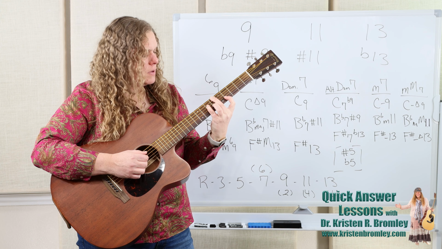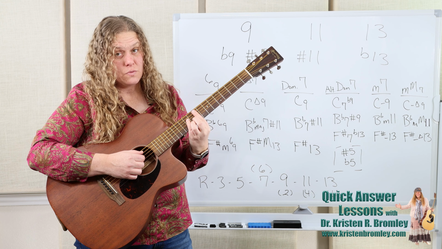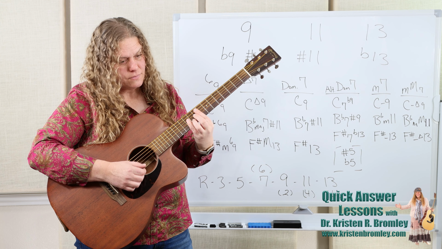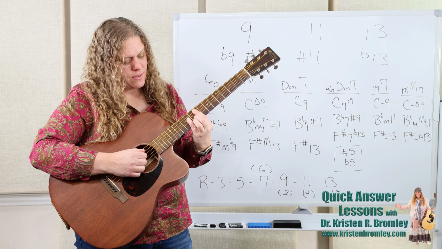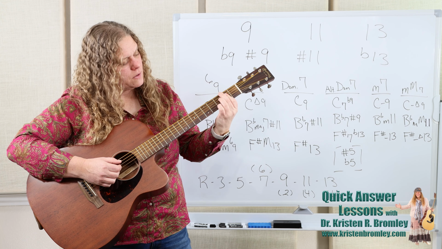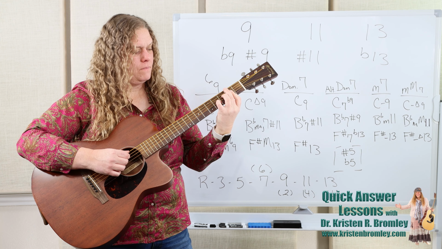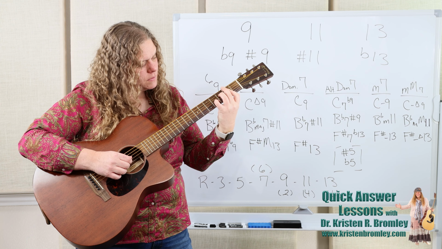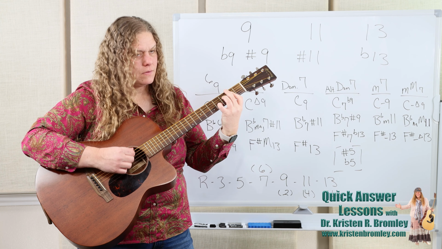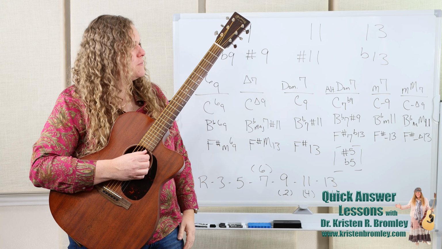And I could have the minor major 7th chord with the 13th if I actually had the fingers for it, which I don't always have that finger, but I do here. So it is possible, a little less common though.